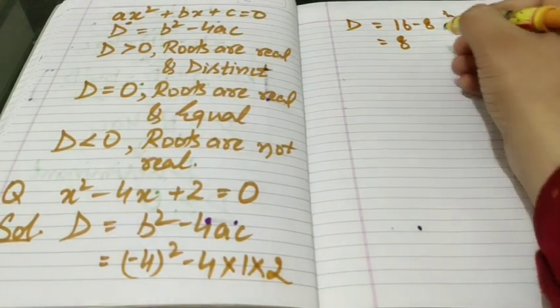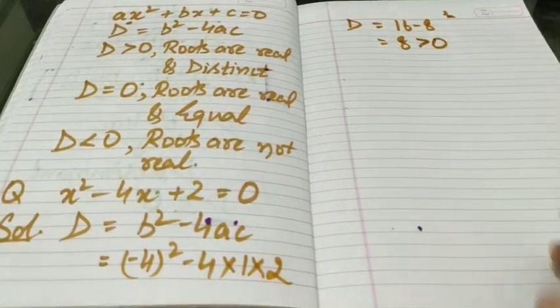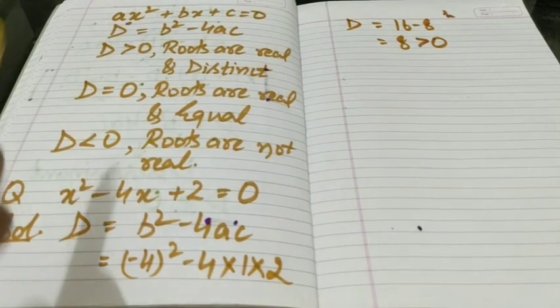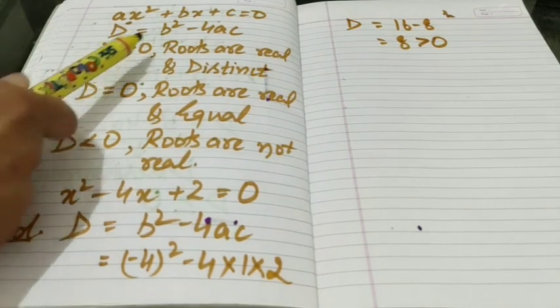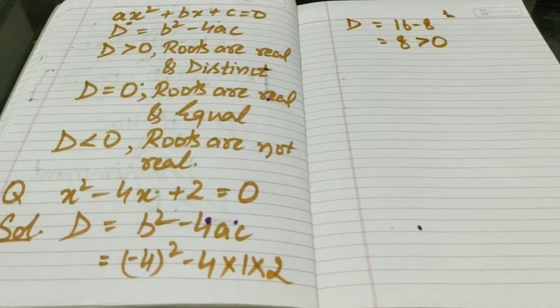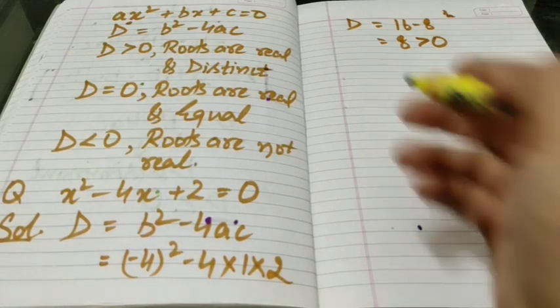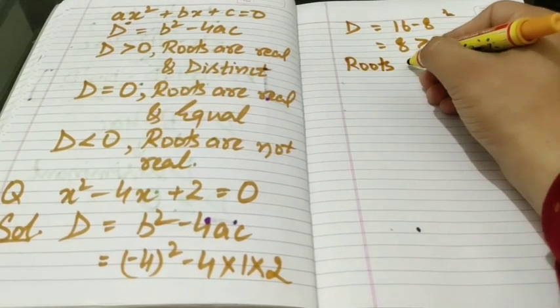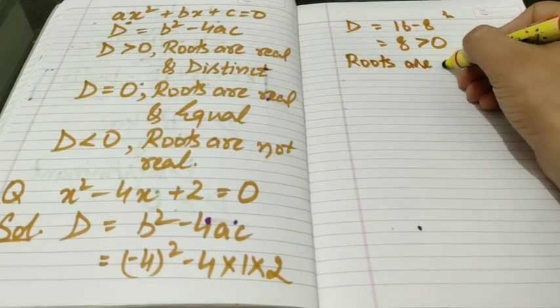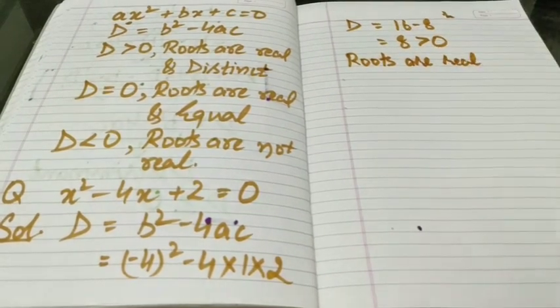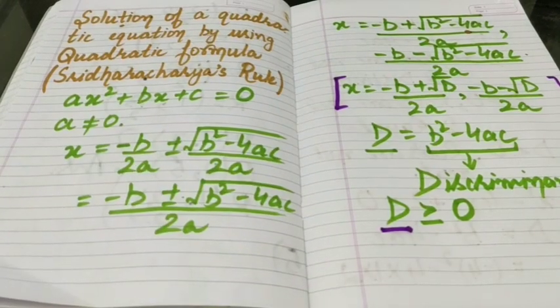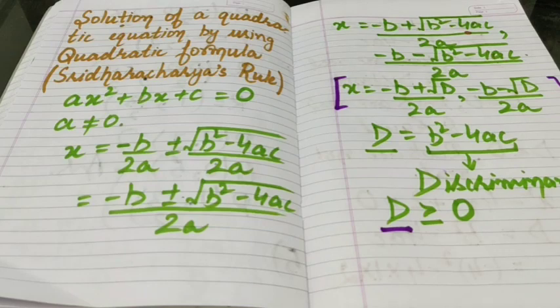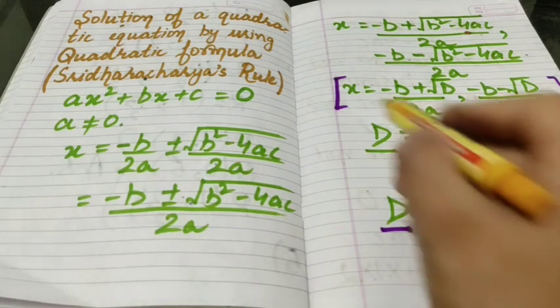Since 8 is greater than 0, and we know that if the value of the discriminant is greater than 0, then roots are real and distinct. So in this case the nature of roots is real and distinct.